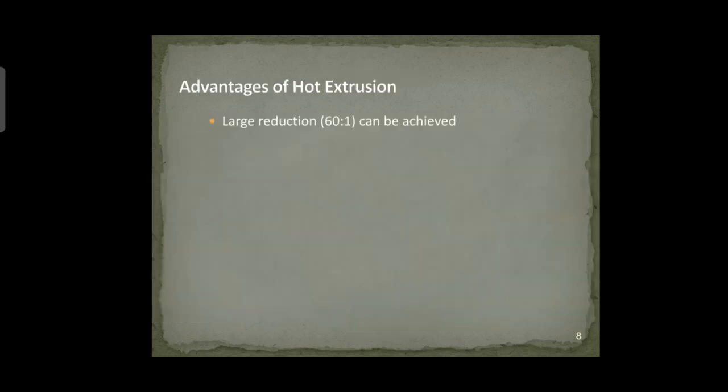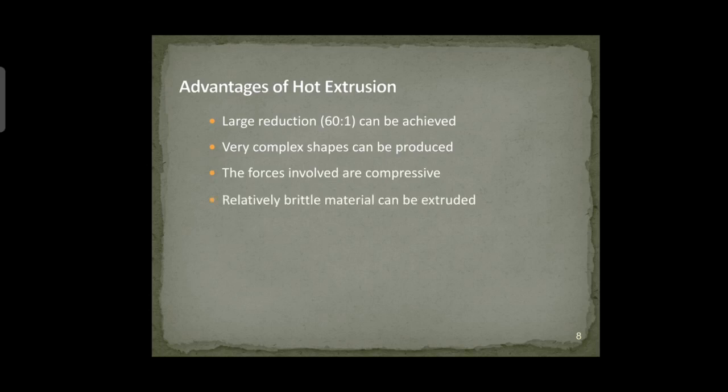Some of the advantages we have seen. There is a large reduction that can be achieved by this process. Different complex shapes, some difficult types of shapes, can also be produced, and the forces involved are only compressive forces, where you can see the ram pushing, and the material is extruded outside.